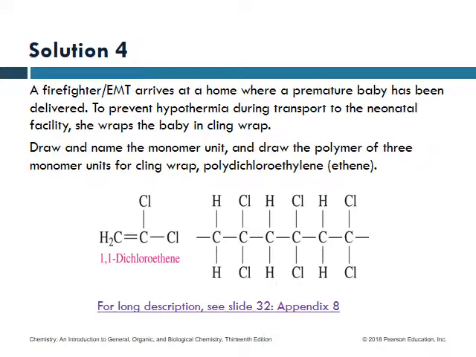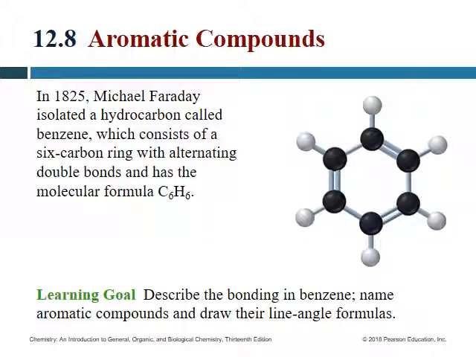Alright, so I think this brings us to the last topic, which is aromatic compounds. So what are aromatic compounds? Like I said, aromatic compounds consist of a ring structure, which is this 6 carbon ring structure which has alternating double bonds and single bonds.